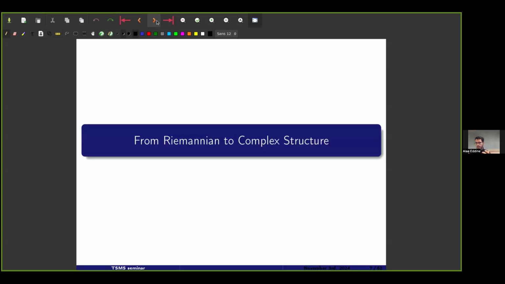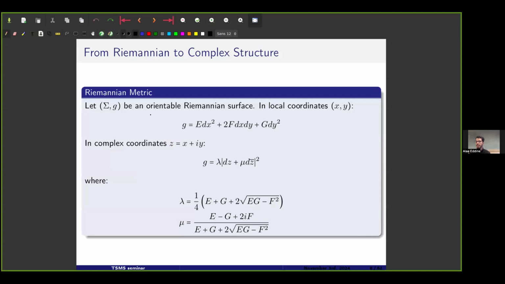So if we start with an orientable Riemannian surface, in local coordinates we have this general form of the metric, and we can even write it in complex coordinates as follows. So we have two functions, lambda and mu. Lambda is a positive function, and mu is a complex function of norm less than 1. Okay, so any Riemannian metric can be written in this form.